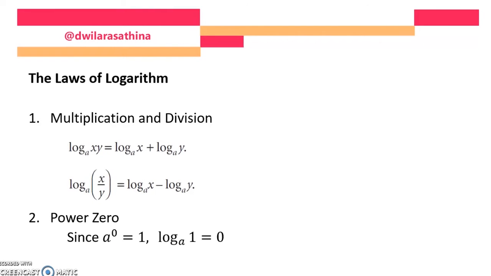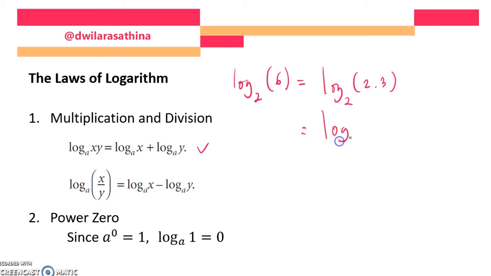Alright, I will give you an example for this law, multiplication and division. For multiplication, let's say I have log 2 of 6, you can write it as log to the base 2 of 2 times 3, right? Then that is the same as log to the base 2 of 2 plus log 2 of 3, like this.